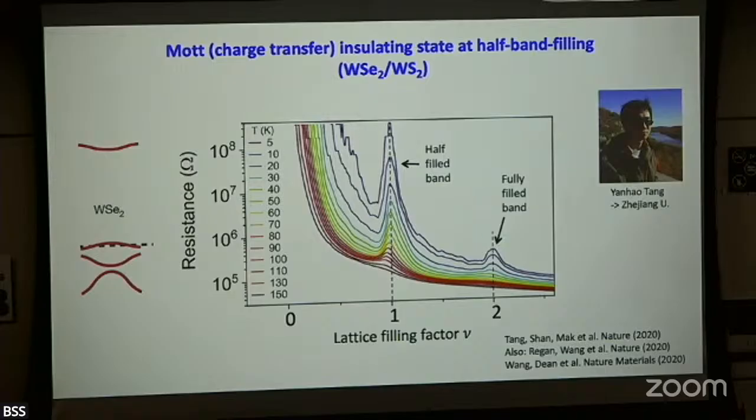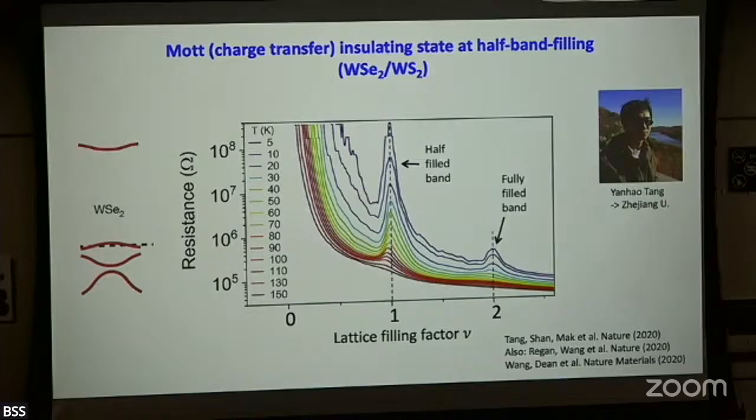And at filling equal to 2, the resistance also shoots up when you lower the temperature. For very early measurements, I mentioned the difficulties of achieving ohmic contacts. And here you see the problem: when I make the doping density very low, resistance shoots up. This is coming from the contacts, not the sample properties. And whether there's anything interesting there, we cannot observe.